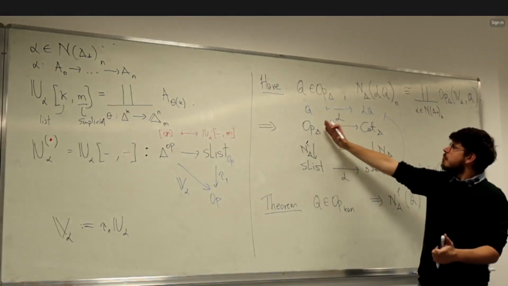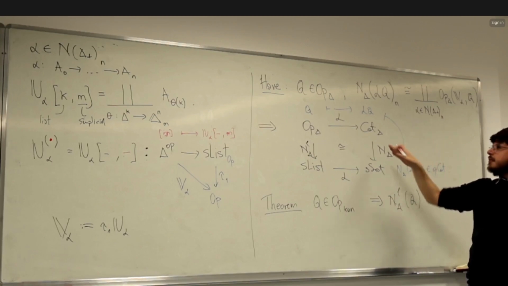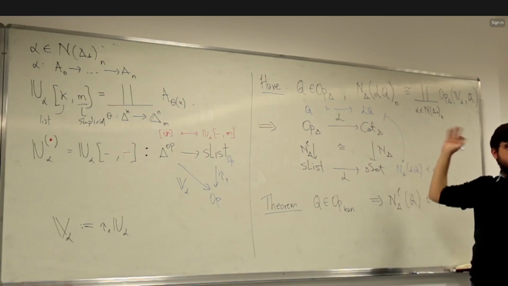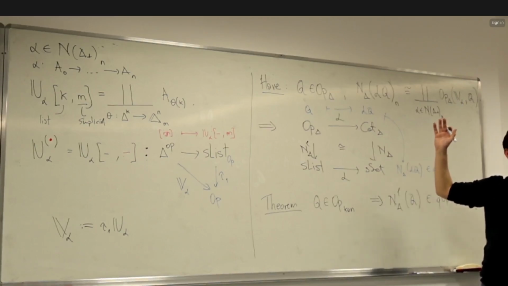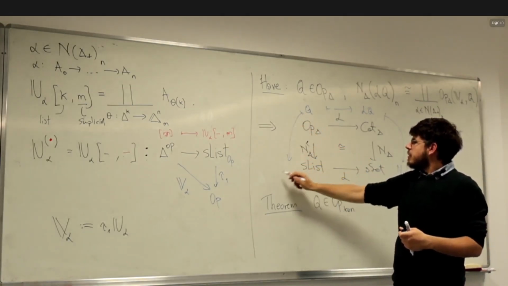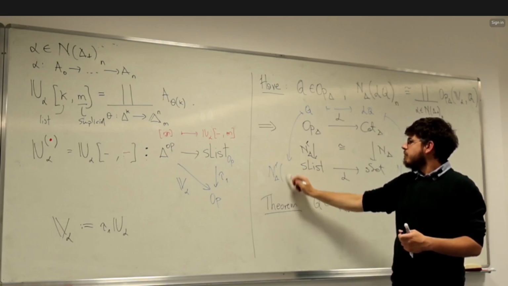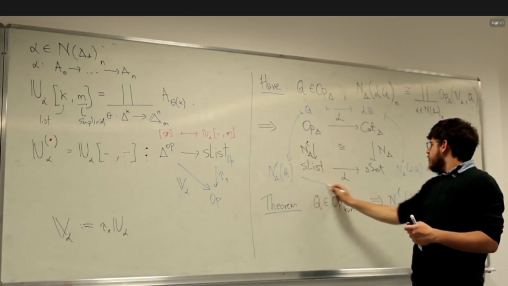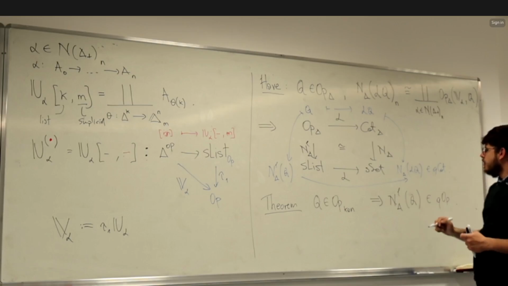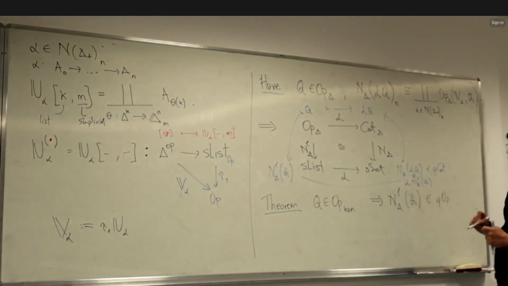So we offload a big chunk of combinatorics to the classical simplicial categories, quasi-category stuff. And now this commutes, so I can do the list nerve and then do the L. So this gives me L of the coherent nerve of Q. These two are isomorphic.